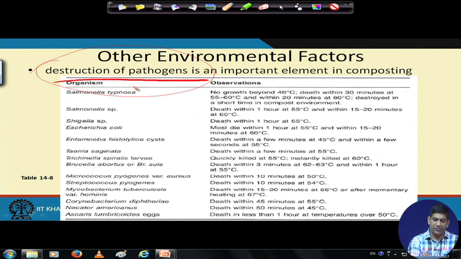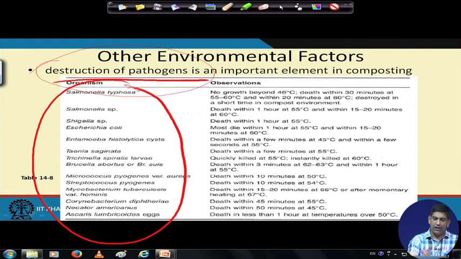There are different types of organisms present. You don't have to remember them, but you can have some idea. You hear about Salmonella from time to time. There are two types of Salmonella, E. coli, and then there are other bacteria out there, Corynebacterium, Nectarbacterium. So there are different types of bacteria out there.